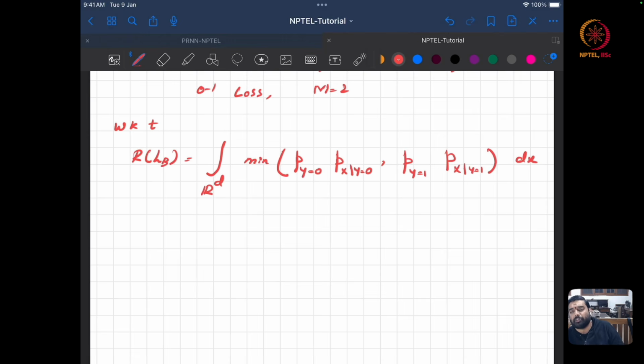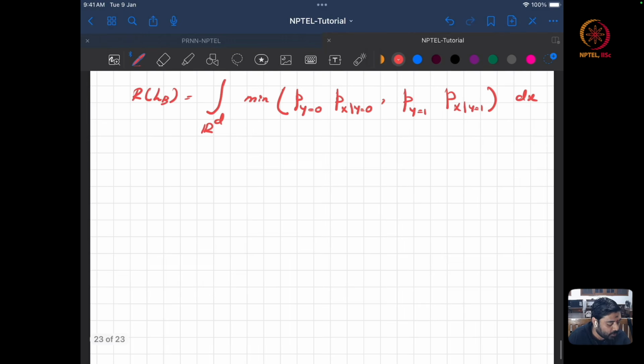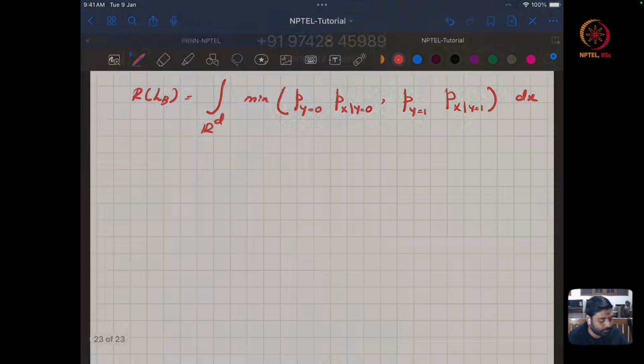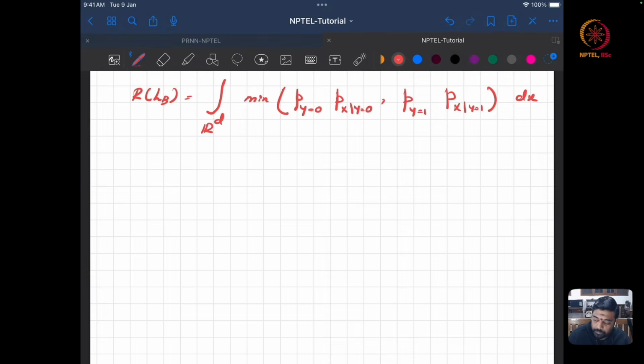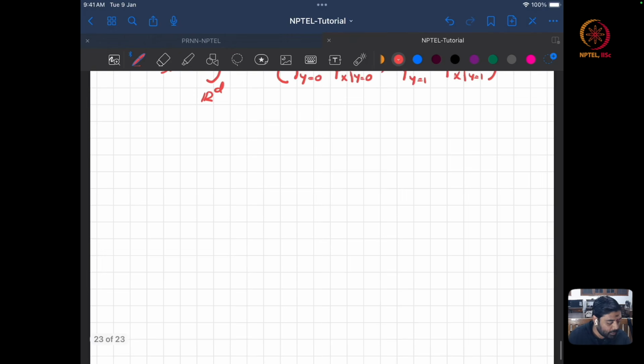This we have already computed in our earlier sessions. Now we have computed these cases. So now let's bring them to a specific case.